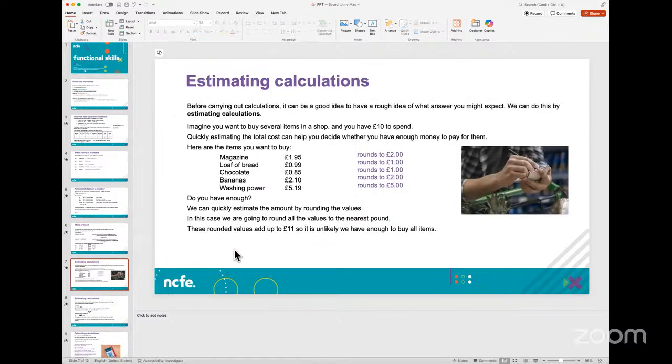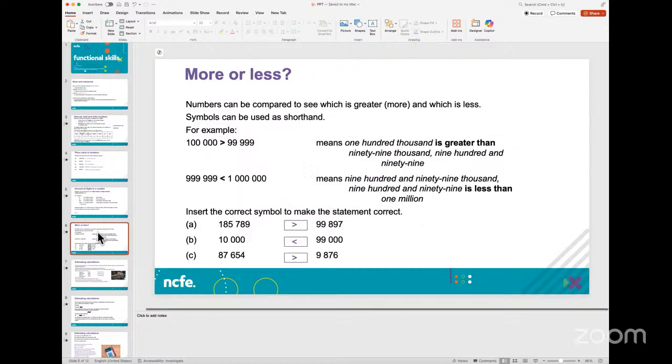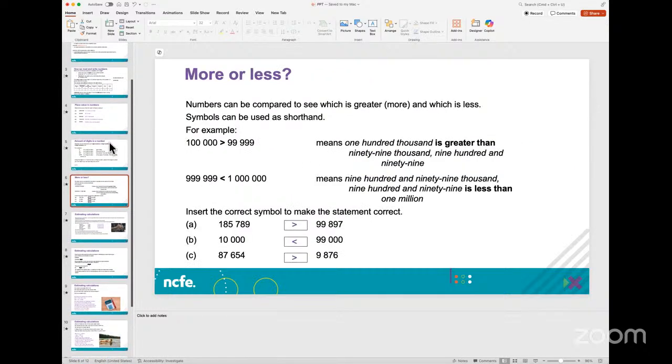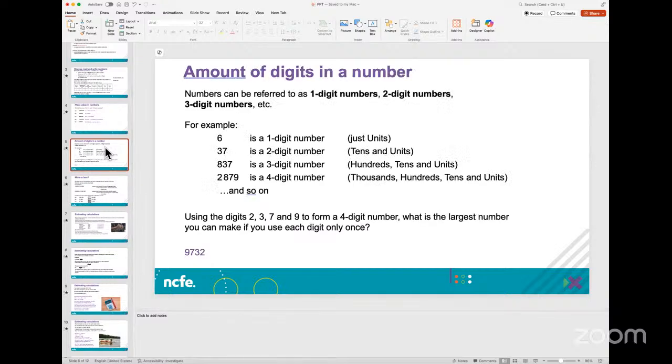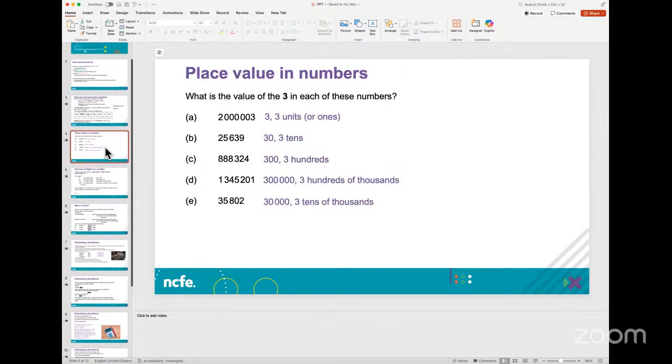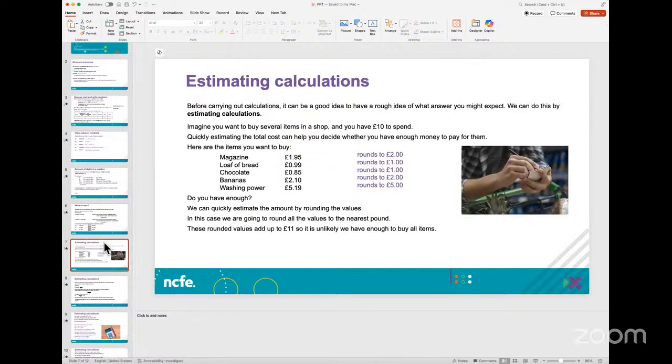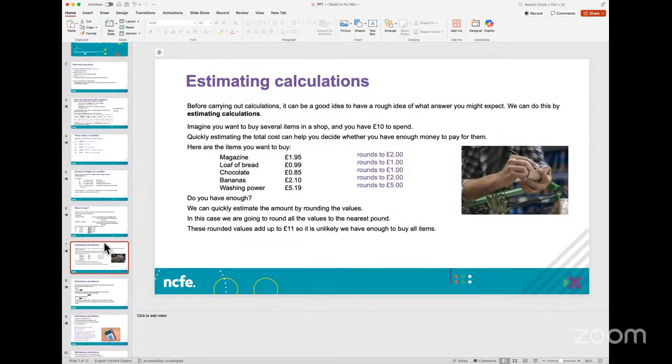Now, going back, these are all tools that we use in estimation and approximation: more than and less than, the amount of digits in the number, the places in the number and what it determines as a value. They are all used in estimating and approximation, right? So if I were to say, how do you approximate and how do you estimate?